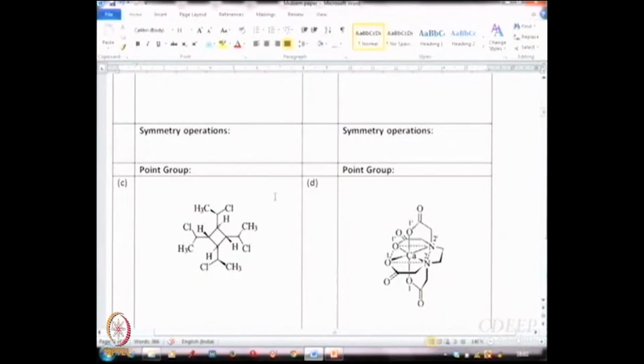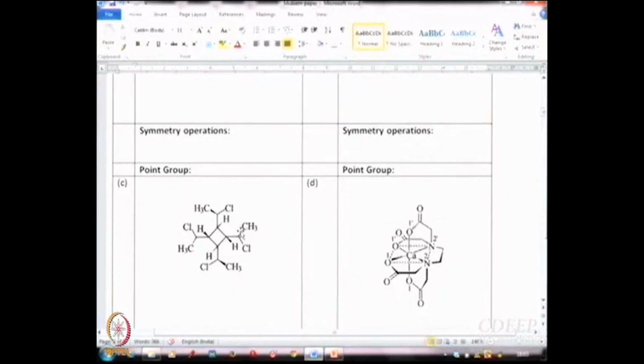Do you have two perpendicular C2s? Where? Midpoints of the opposite bonds. Let us see. You are saying there are going to be C2s, right? Are they C2s? They are not C2s. They would have been C2 if the chlorine was here and if it was on the plane.